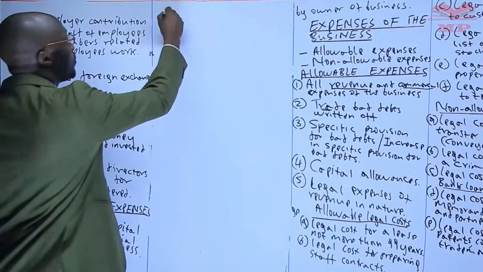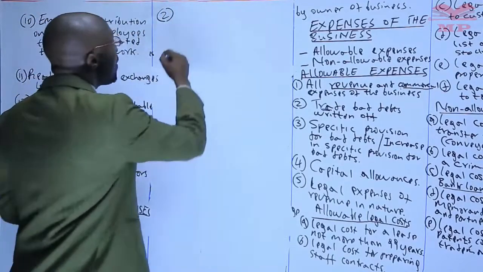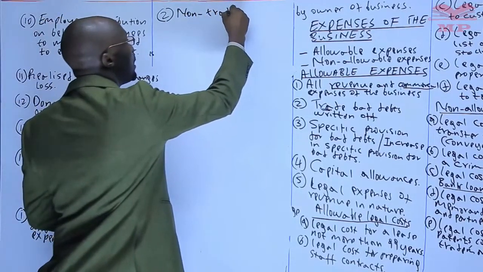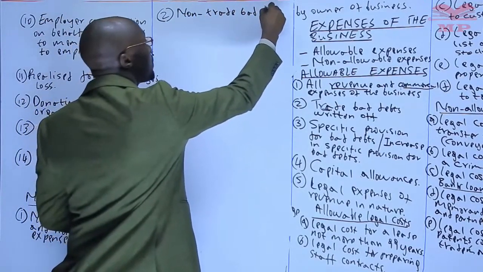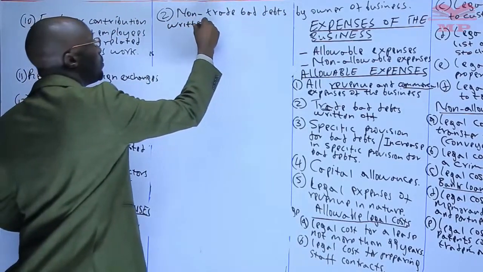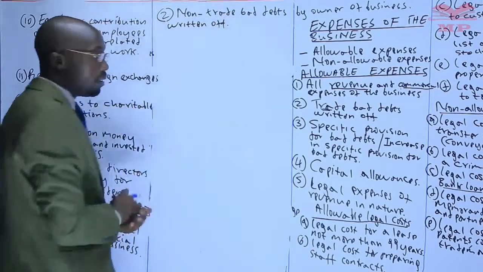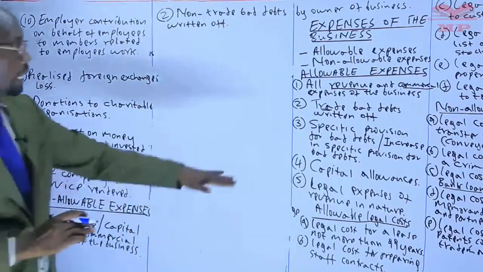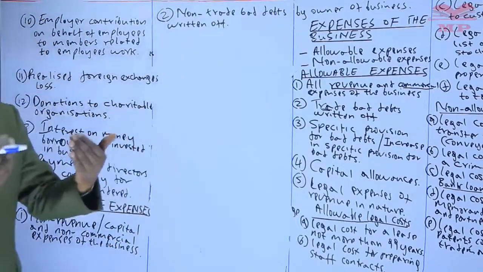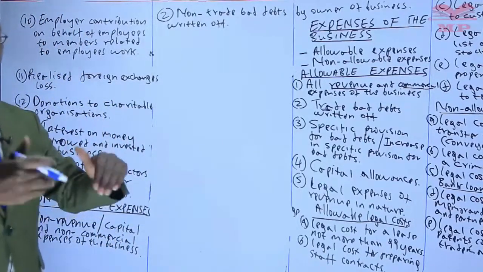Number 2, we have non-trade bad debts written off. We said trade bad debts written off is allowable because you are writing off a debt relating to the business trade.